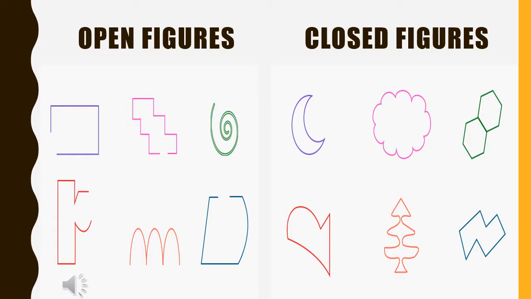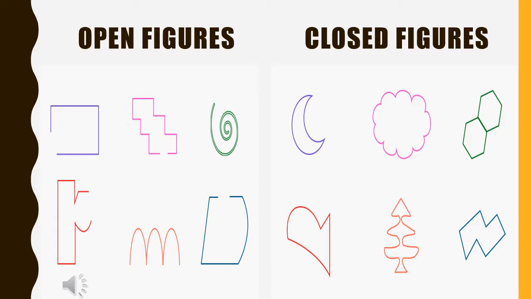Now, if you see the figures under the heading open figures, you will notice that if you start at any point in an open figure and trace its outline, you will not be able to get back to the starting point. So we call them open figures.